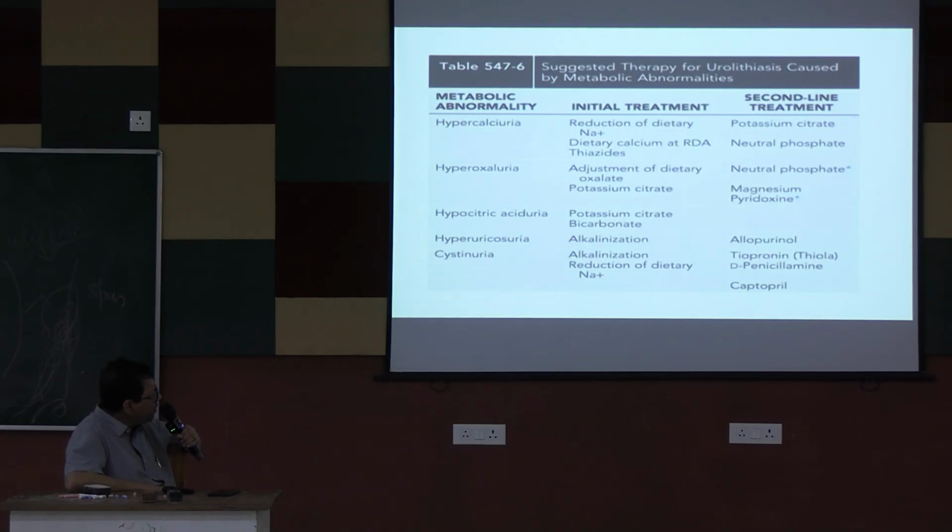Hypocitraturia, as I have told you, citrate is very important, whether there is a deficit in the citrate. Then hyperuricosuria, more uric acid in the urinary system because of gout. And fifth is cystinuria, which is a metabolic disorder. These are the metabolic disorders which can be found among these patients, and we will have to treat the patient accordingly.